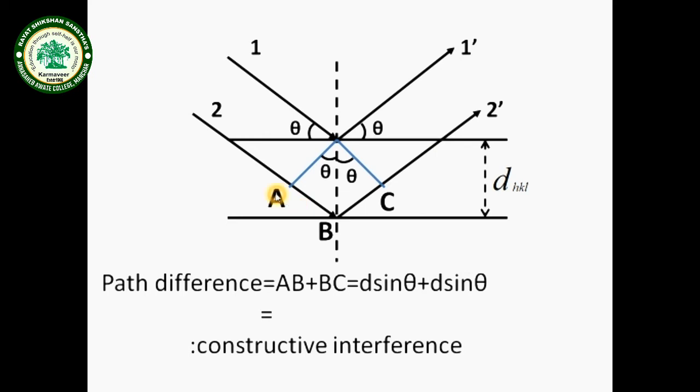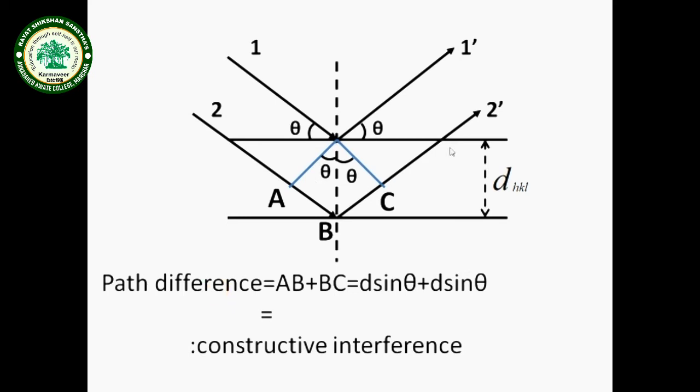But during this ABC, the lower ray has traveled some extra distance, and we call that distance the path difference. Here we have written it in terms of distance AB plus BC. So distance AB plus BC, that is ABC, we call that particular distance the path difference.